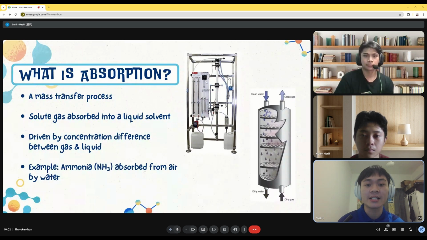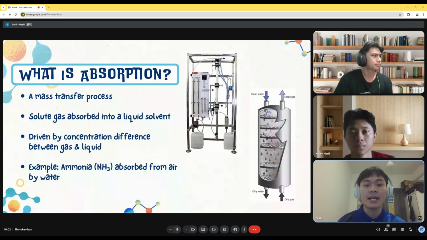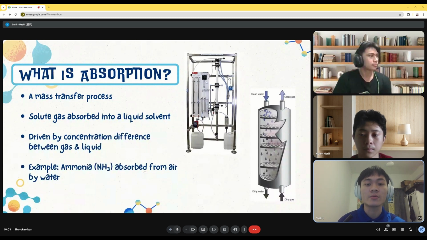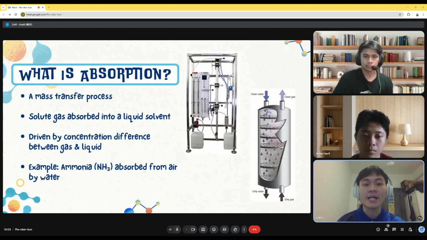The first part is an inert gas that doesn't react, and a solute that's actually been absorbed. The liquid solvent is chosen so that it dissolves the solute, while the rest of the gas just passes through. For example, removing ammonia from a gas stream using water as the absorbent.